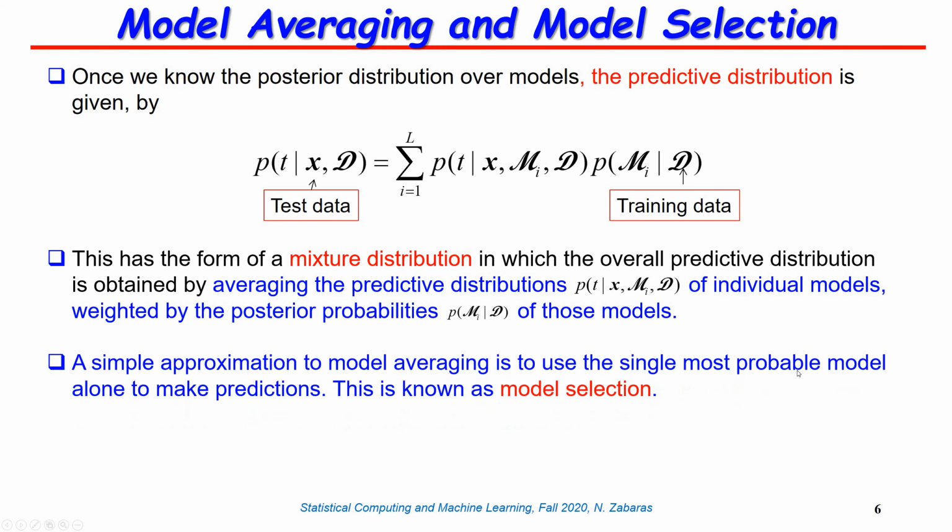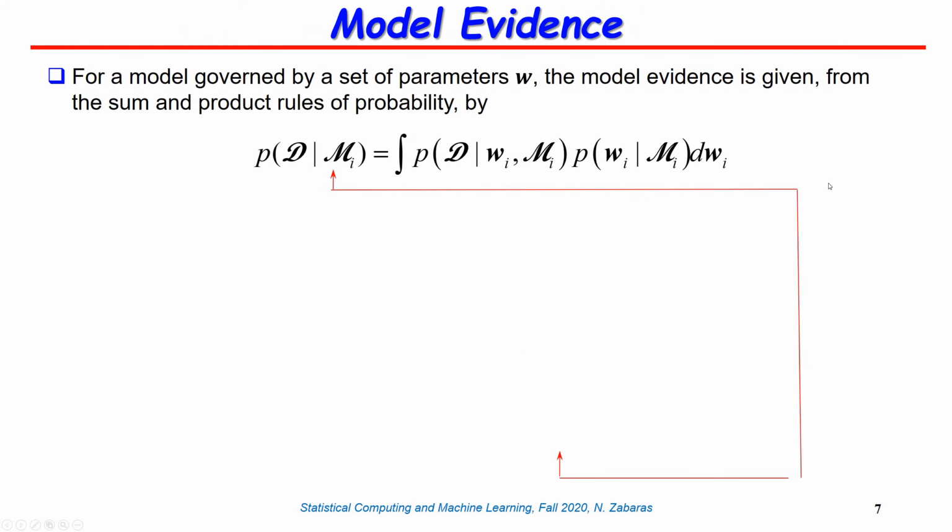Effectively, if you're going to do predictions using the best model, that's the idea of model selection. Otherwise, if you're going to use the equation that you see on the top, that is the Bayesian way of doing model averaging.